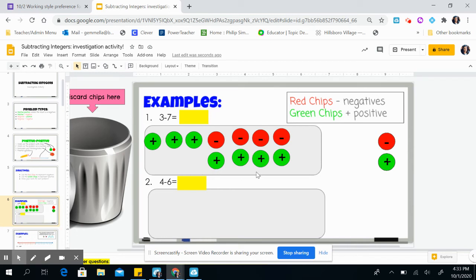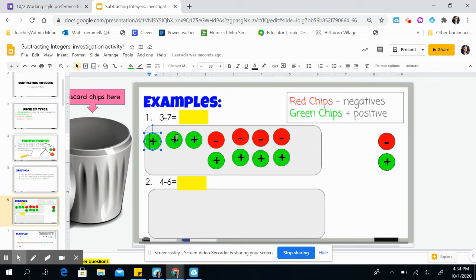But this helps us because now I can actually take my 7 positives away. So what I'm going to do is click and take away 7 of my positives. So basically you just add 0 pairs until you have enough to take everything you need to away. So I'm going to take my 7 positives away. I'm actually going to select a couple of them at a time.